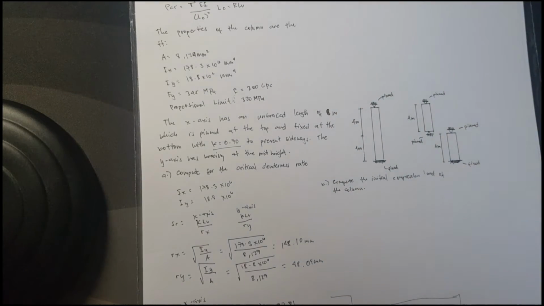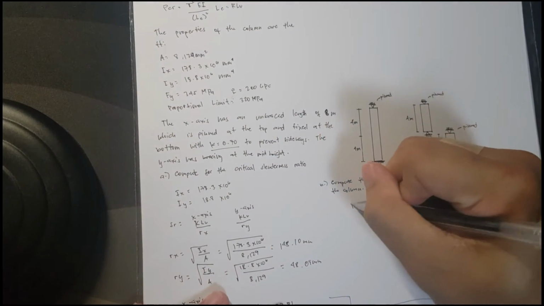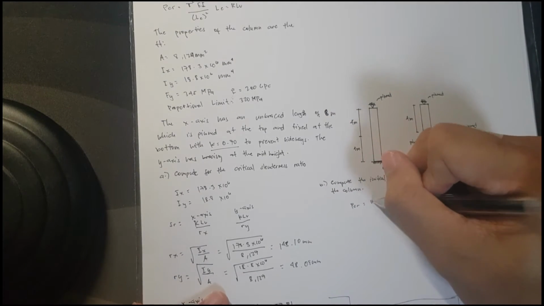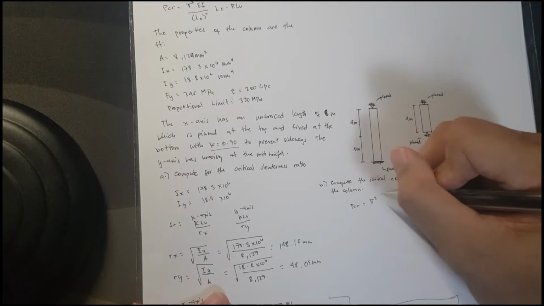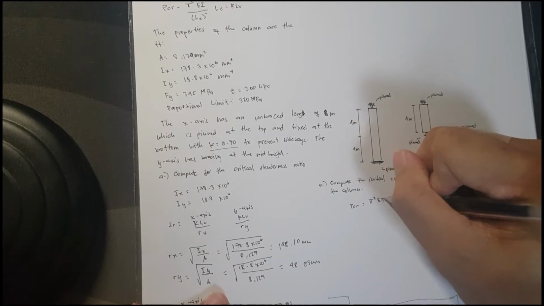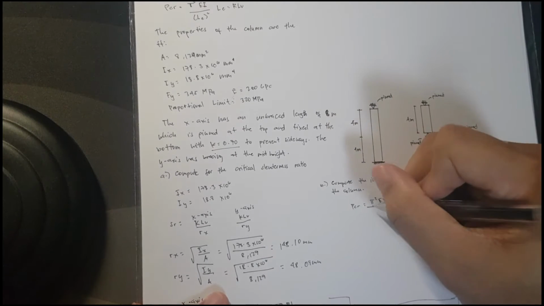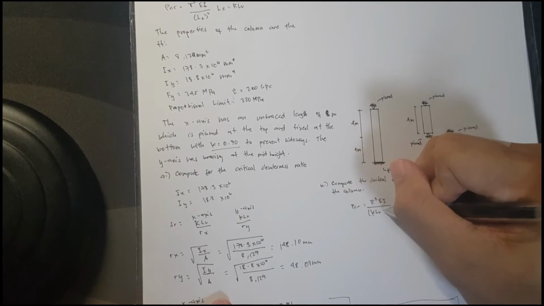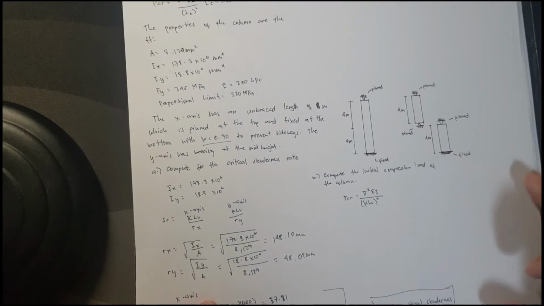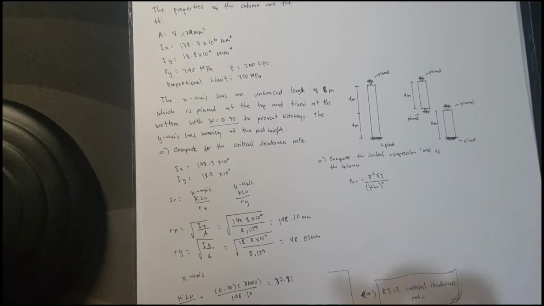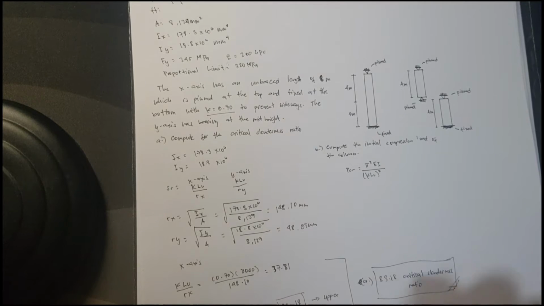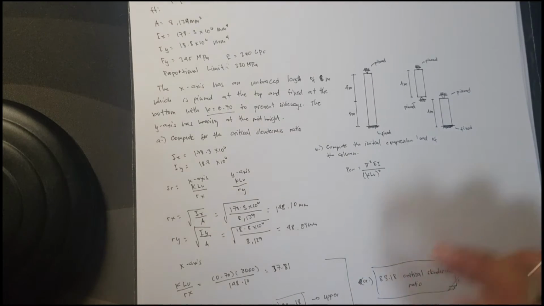Ang formula natin dyan is Pcr equals pi squared EI all over KLu squared. Ang gagamitin natin dyan is yung K Lu na galing sa critical slenderness ratio natin.